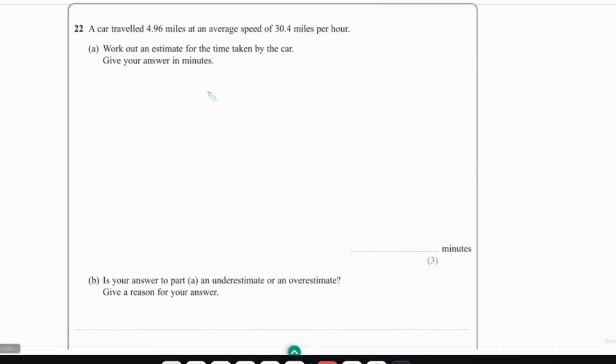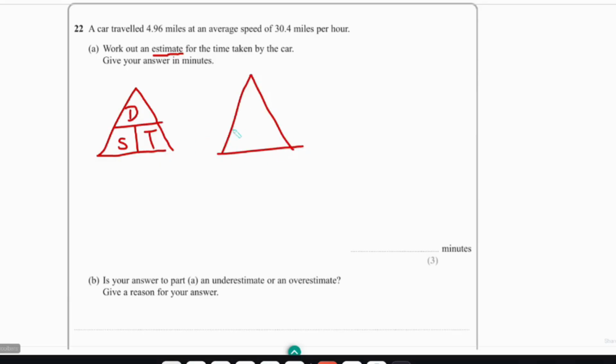A car travelled 4.96 miles at an average speed of 30.4 miles per hour. Work out an estimate, important word here, for the time taken by the car. So first of all, this is a speed, distance, time question, but also non-calculator paper, and it says estimate, so we're going to round all of our numbers.